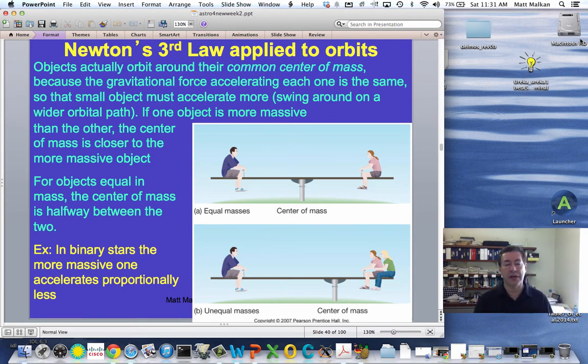That's Newton's third law, the action and reaction, the force and the opposing force. And this also applies then to binary stars. The binary stars orbit not each other, they orbit around their common center of mass.